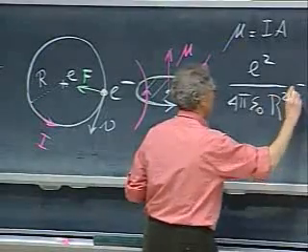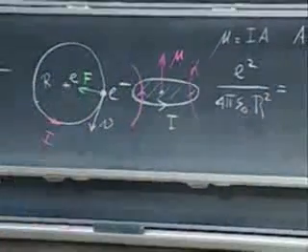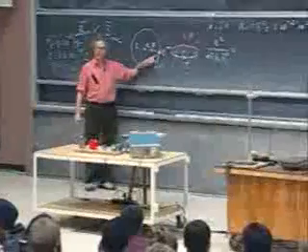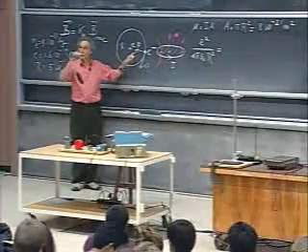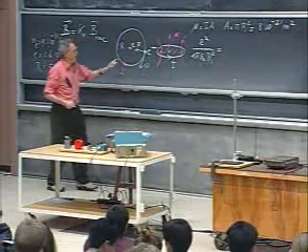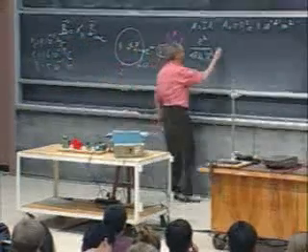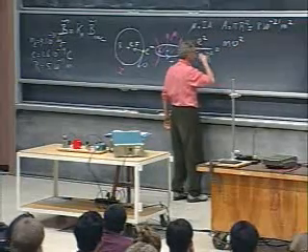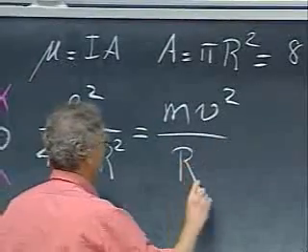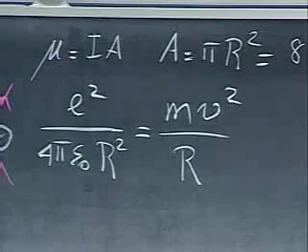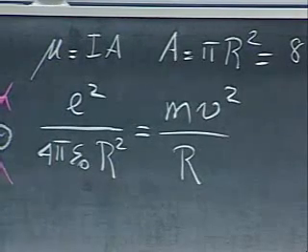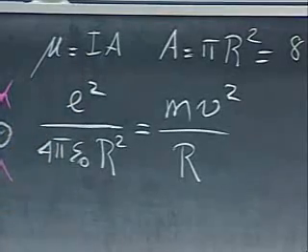So that's Coulomb's law. But from 8.01, from Newtonian mechanics, we know that this is what we call the centripetal force that holds it in orbit, so to speak, and that is m v squared divided by r, m being the mass of the electron, v being the speed of the electron. And so this allows me to calculate as a first step, before we get into the current, what the velocity of this electron is.